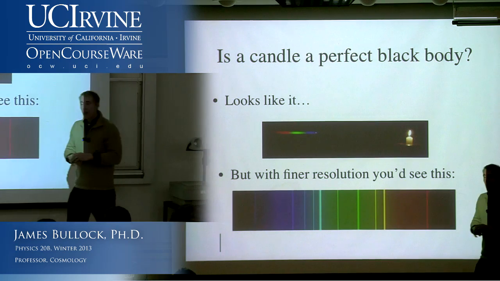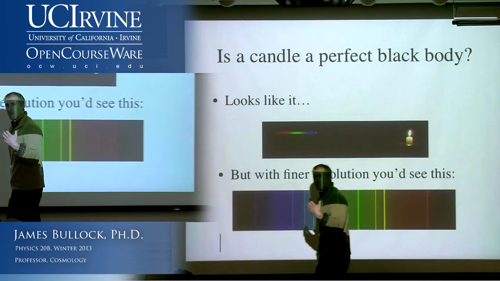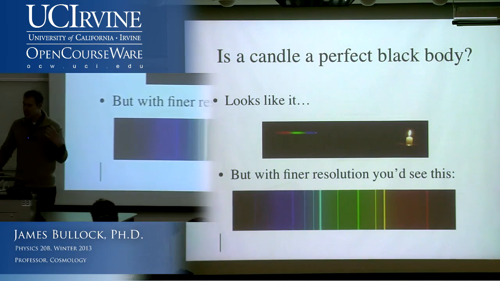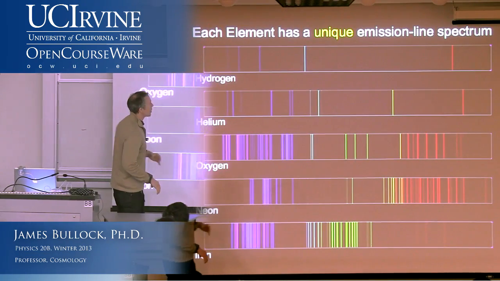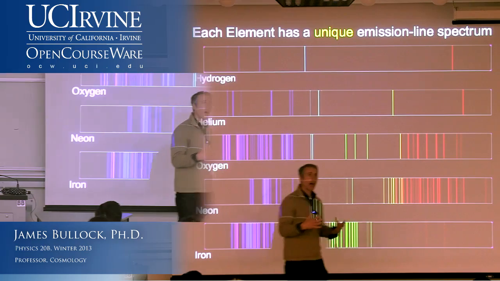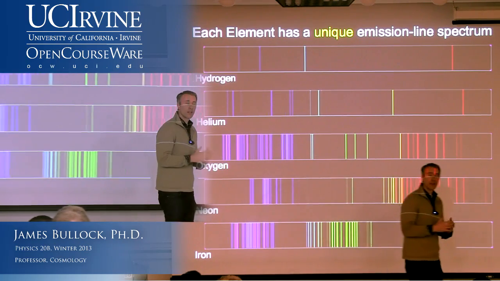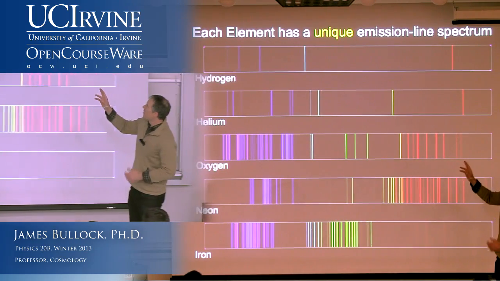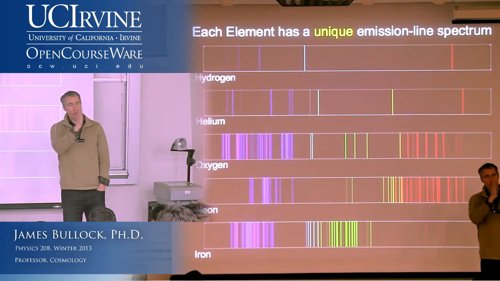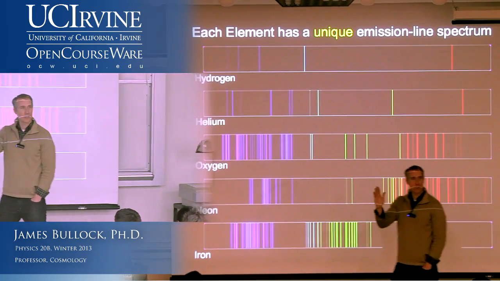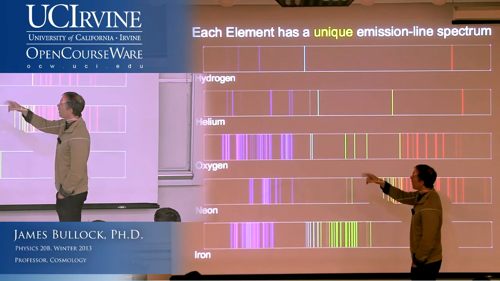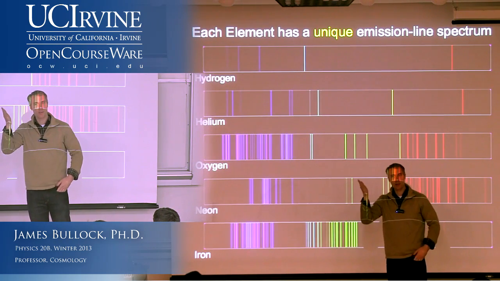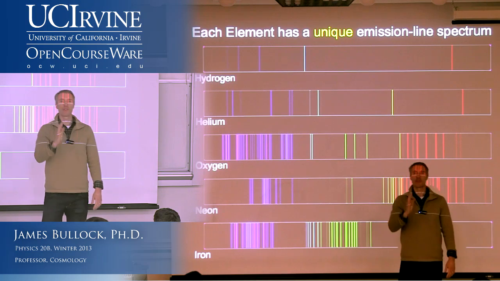And in a more empirical sense, if you take isolated elements, let's say you take hydrogen and get it hot and just look at it, hydrogen spits out light at a few very specific frequencies. And helium, on the other hand, also spits out light at very specific frequencies, but they're different frequencies.